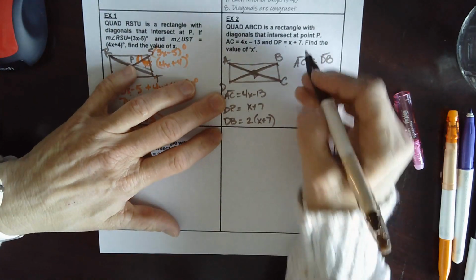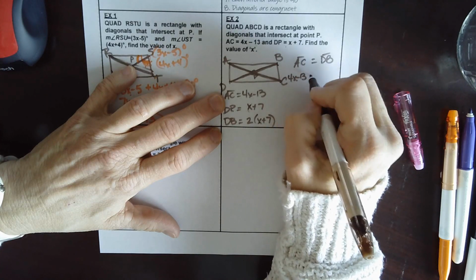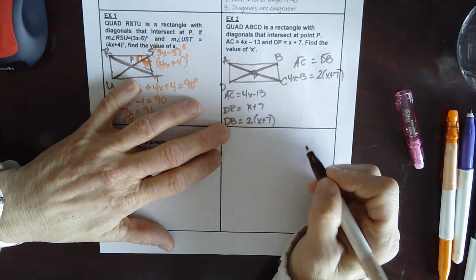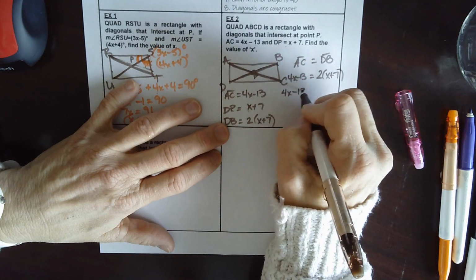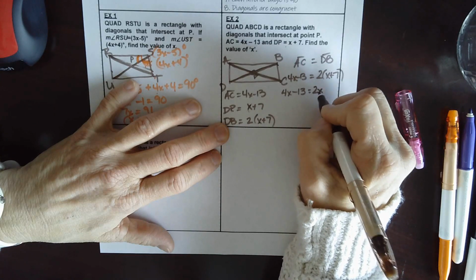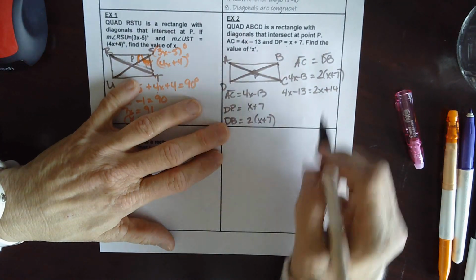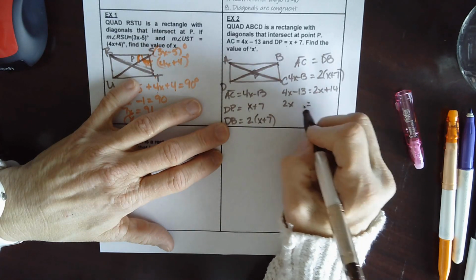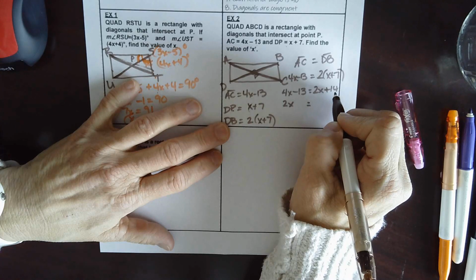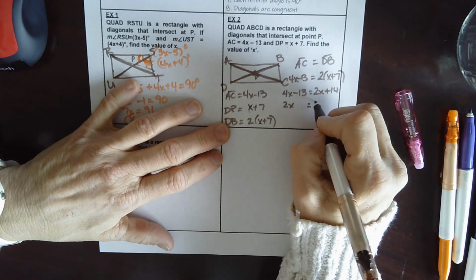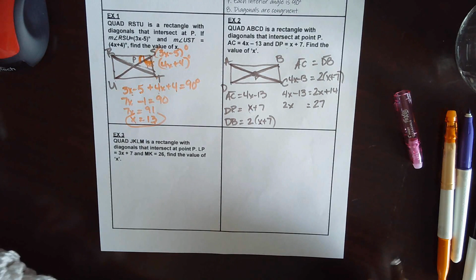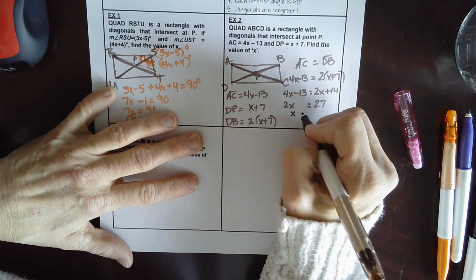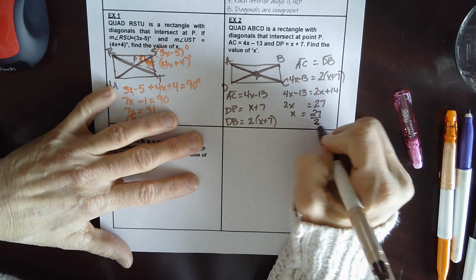So I have 4x minus 13 equals 2 times x plus 7. I will distribute and I get 2x plus 14. I will subtract 2x to get 2x. I will add 13 to get 27. And dividing by 2, I will get 27 over 2.